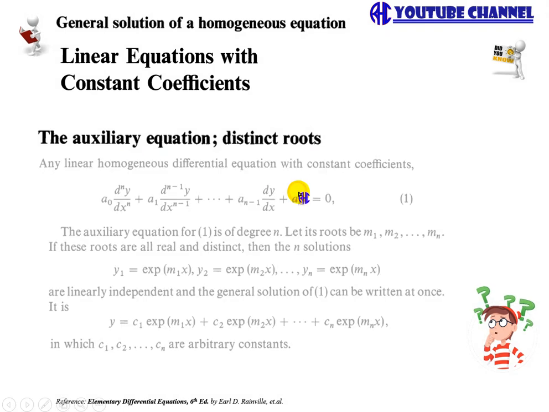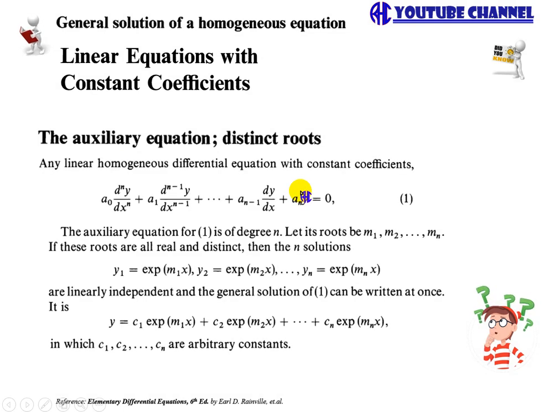Okay, let's continue. So, any linear homogeneous differential equation with constant coefficient, for example, this equation is a linear homogeneous differential equation. So, paano natin malalaman yan? Check ninyo guys yung right hand member.